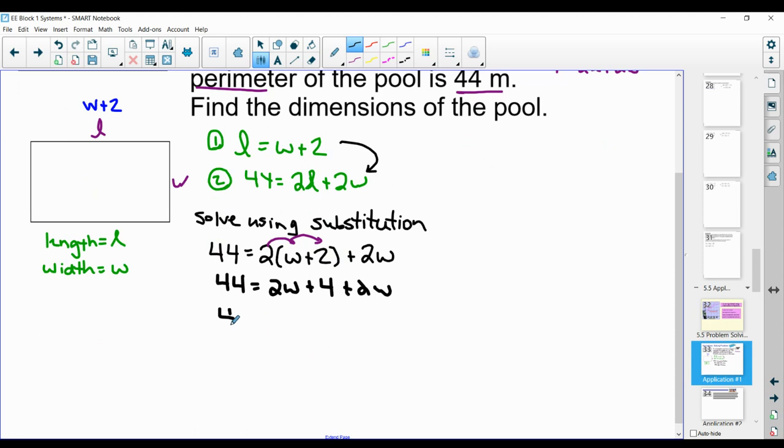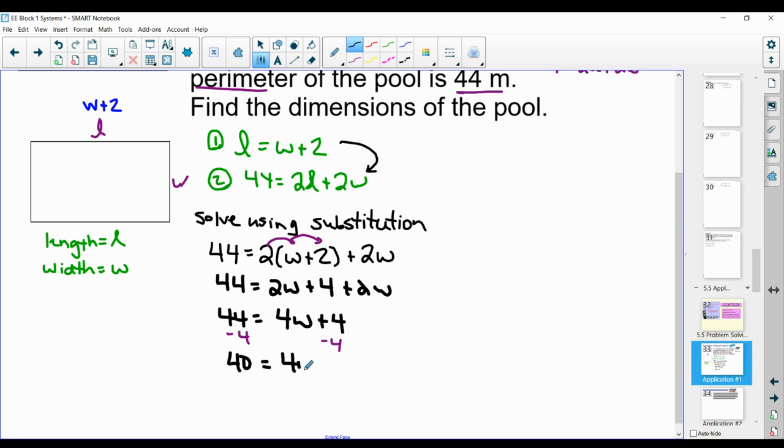Simplifying, that gives me 44 equals 2W plus 2W is 4W plus 4. I'm going to subtract 4 from both sides. And that gives me 40 equals 4W.